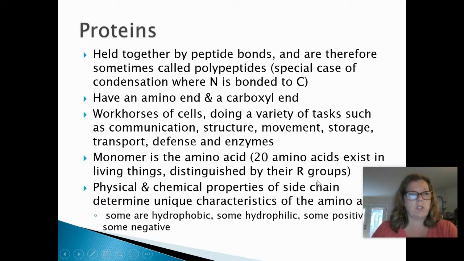And I'll show you that in just a second. The physical and chemical properties of the side chain are going to determine certain things about the amino acid, like if they're hydrophobic or hydrophilic. Remember, that's water-fearing versus water-loving. Some are positive, some are negative. Usually if they're hydrophilic, they're polar. If they're hydrophobic, they're non-polar, usually.